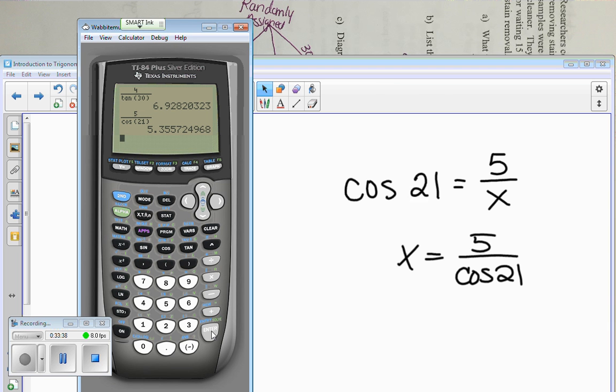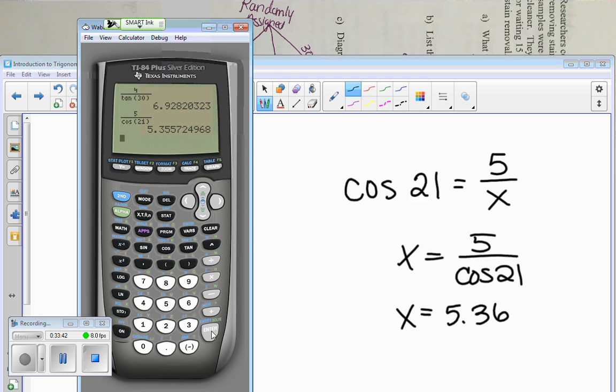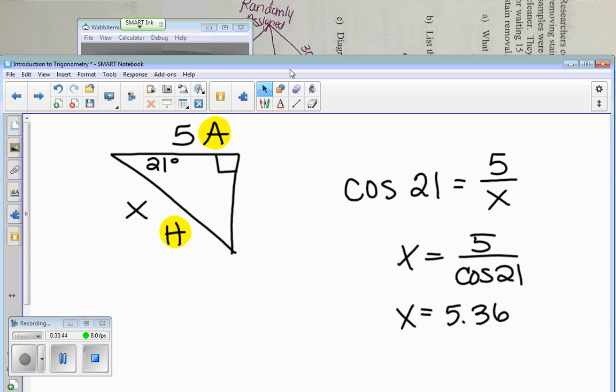Okay? So we can find the lengths in right triangles. As long as we have an angle measure and one side, we can find another side.